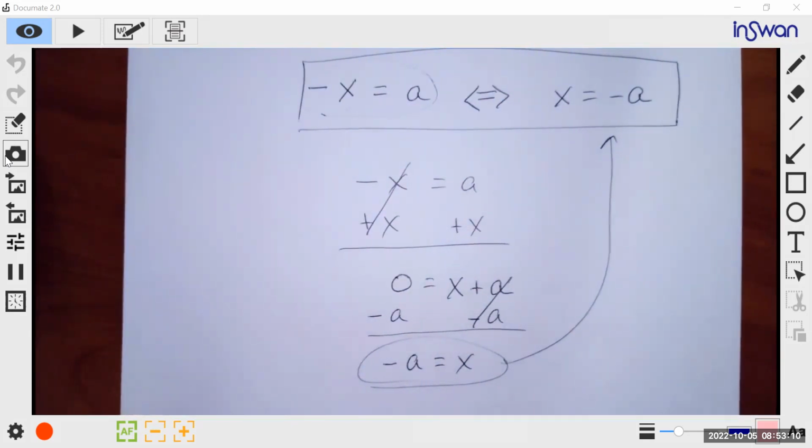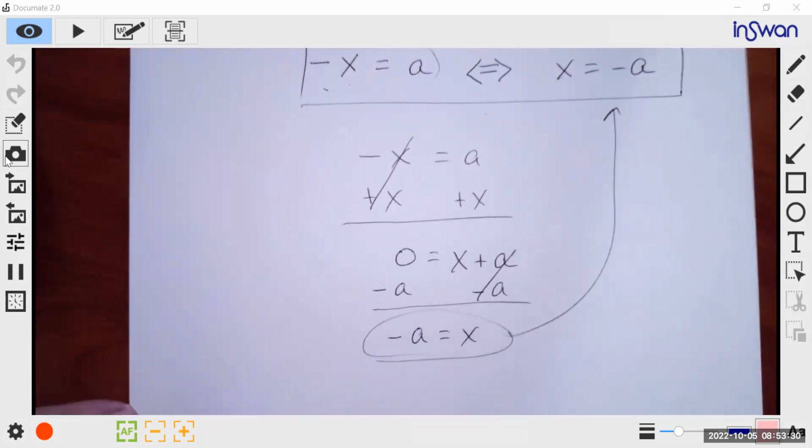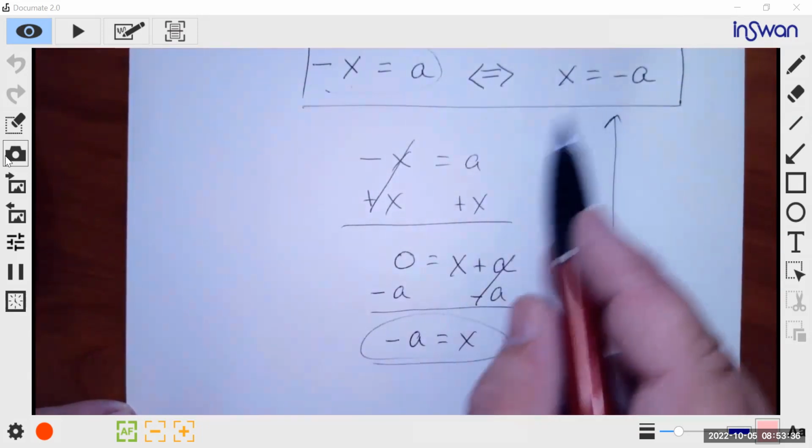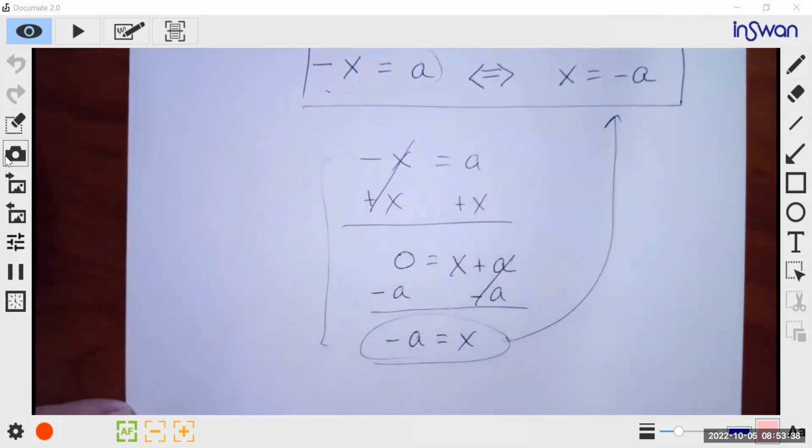It's going to be an equal equation. So if the x has a negative coefficient, change the signs across the entire equation to get rid of the negative, and then isolate your x. It's just changing the signs, a lot easier than going through this whole process.